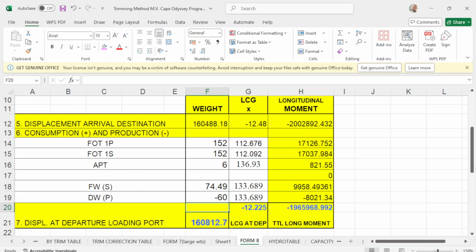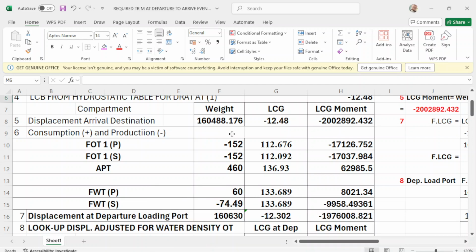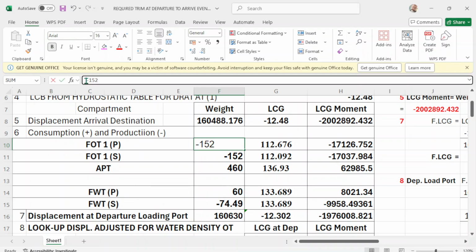So we'll just edit the Excel form. This will be production, this will be positive. Take out this one.